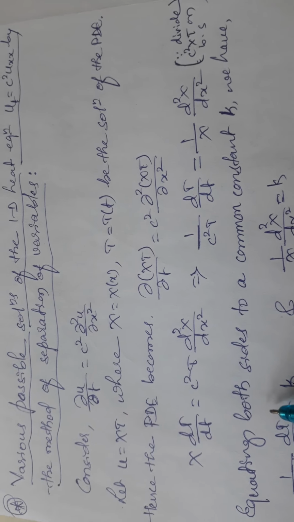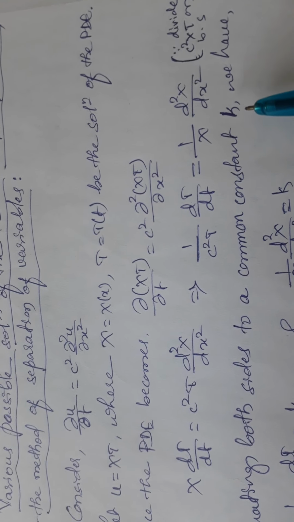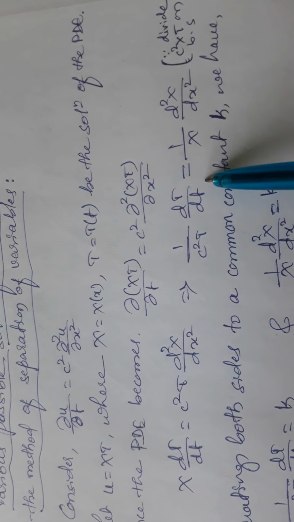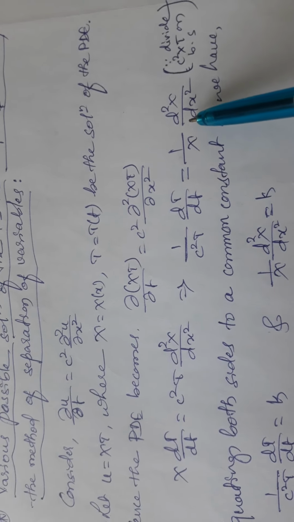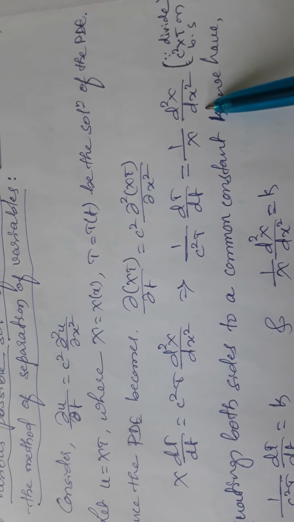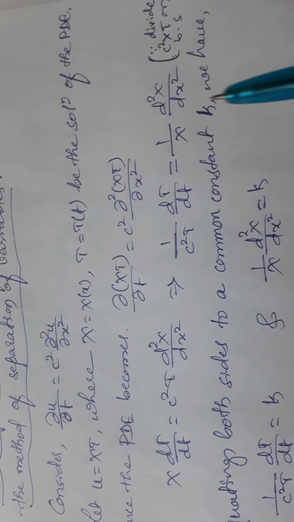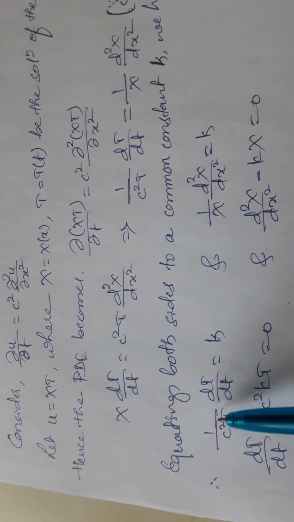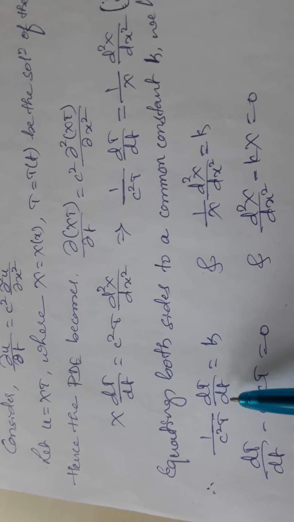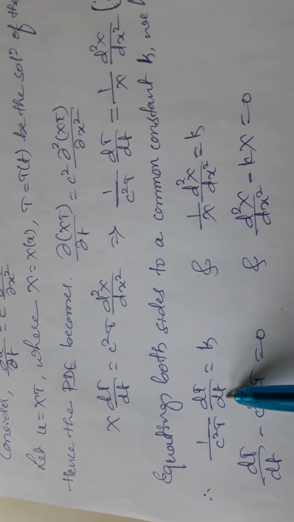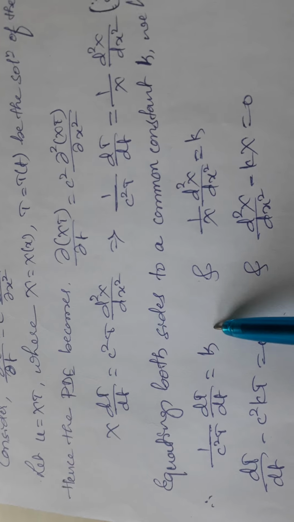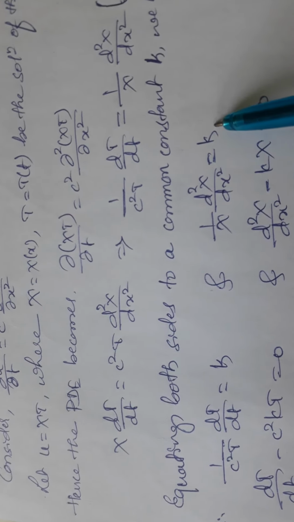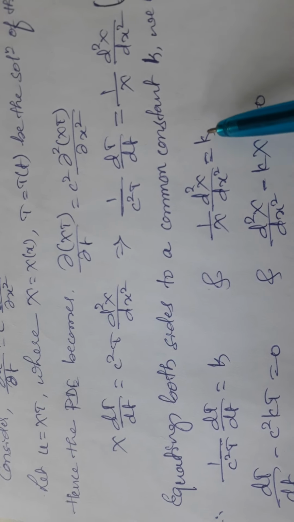Now equating both sides to a common constant k, we have 1 by c square t dT by dt equal to k, and the other equation 1 by x d2x by dx square equal to k. Now send the denominator term to the RHS, therefore dT by dt equal to k c square t, and d2x by dx square equal to kx.